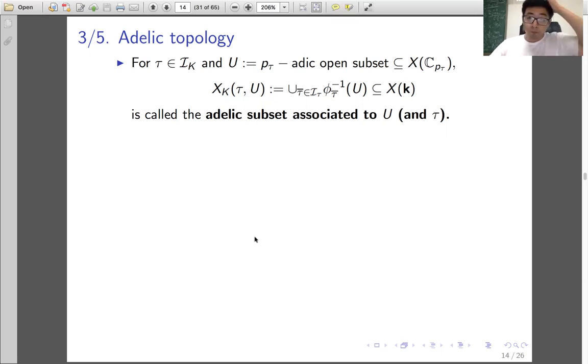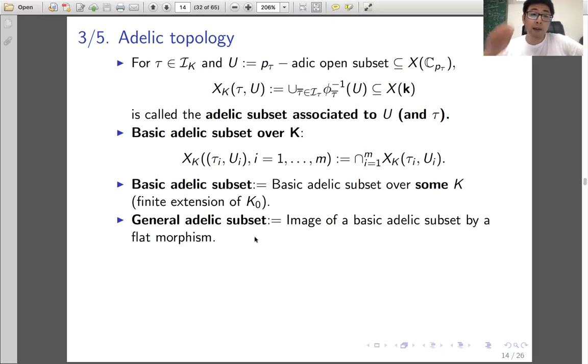This is just a subset of X(K) such that there is an extension of the field embedding τ which sends this point into the given open subset U. And this subset is called the adelic subset associated to U and τ.